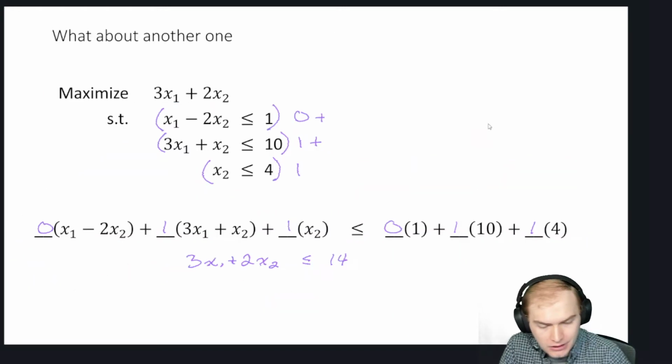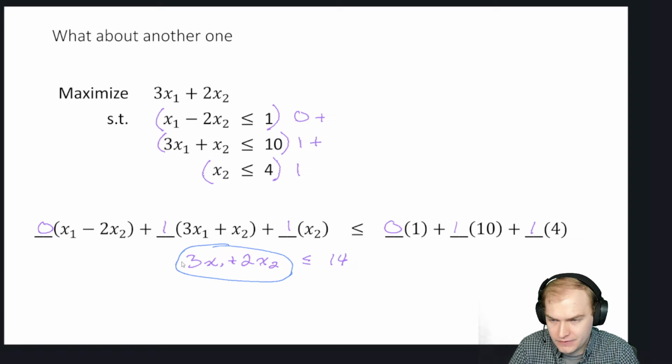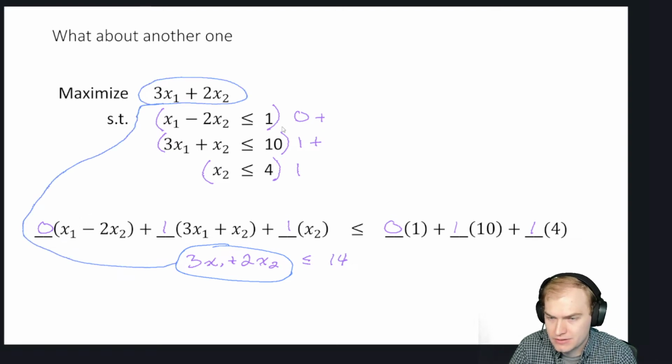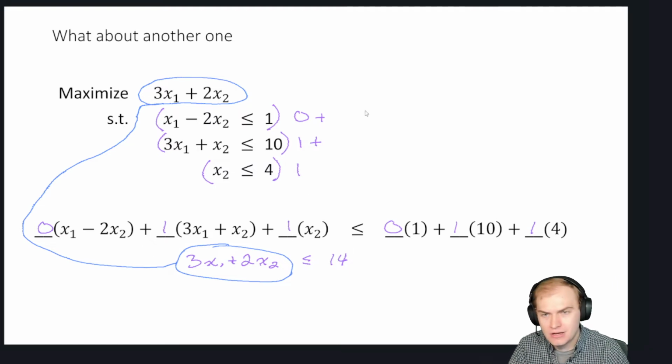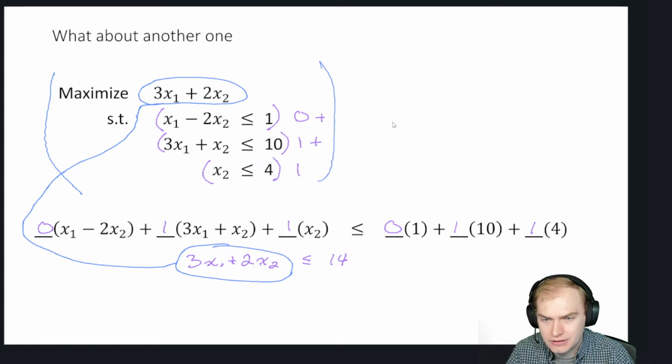And we know that because the left-hand side of our new combination of constraints is also equal to the objective function value, this whole LP is bounded. Its objective function value can be no bigger than 14.